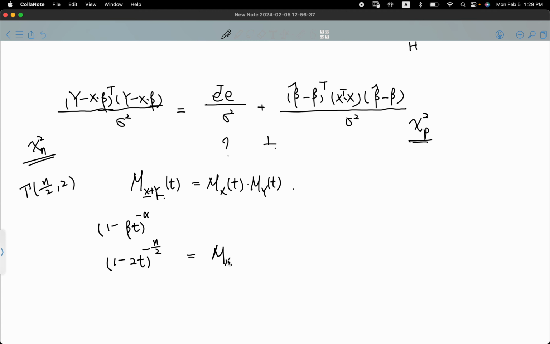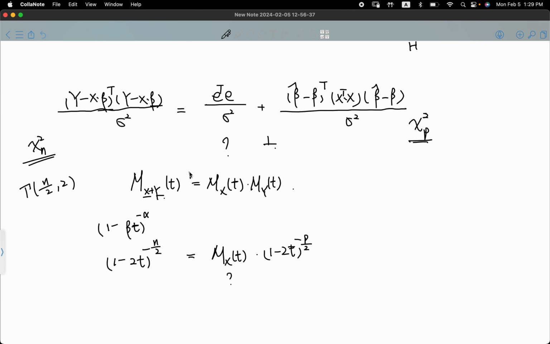This is equal to the moment-generating function of the residual, which is something that we don't know so far, multiplied by 1 minus 2t to the negative p over 2, since this is a p-dimensional chi-square with degree of freedom p. So we have that.